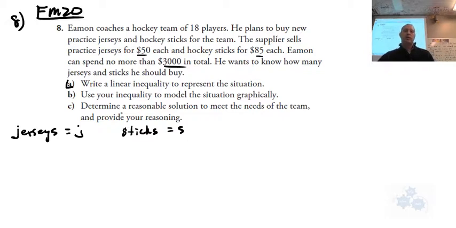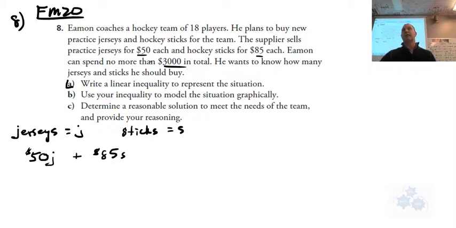Okay, so we've got $50 for each jersey. So I would suggest that we talk about dollars here. $50 for each jersey, plus $85 for each stick. Okay, and he wants to spend no more than $3,000.